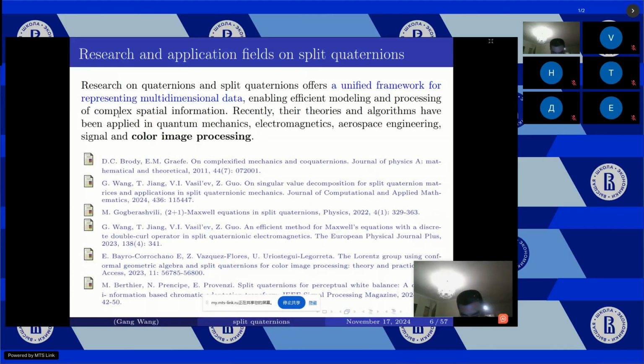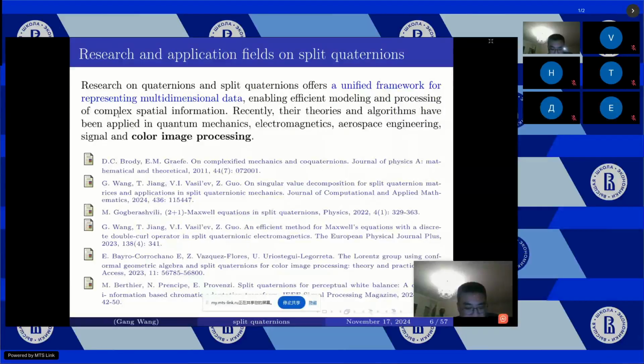Regarding the application areas of the split quaternion algebra, scholars have recently discovered that it provides a unified framework for representing multidimensional data, aiding the efficient modeling and processing of complex spatial information.